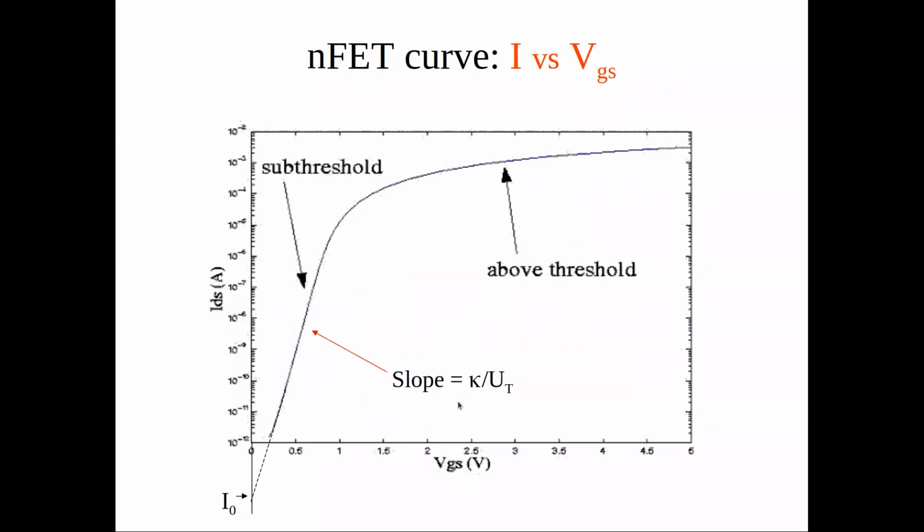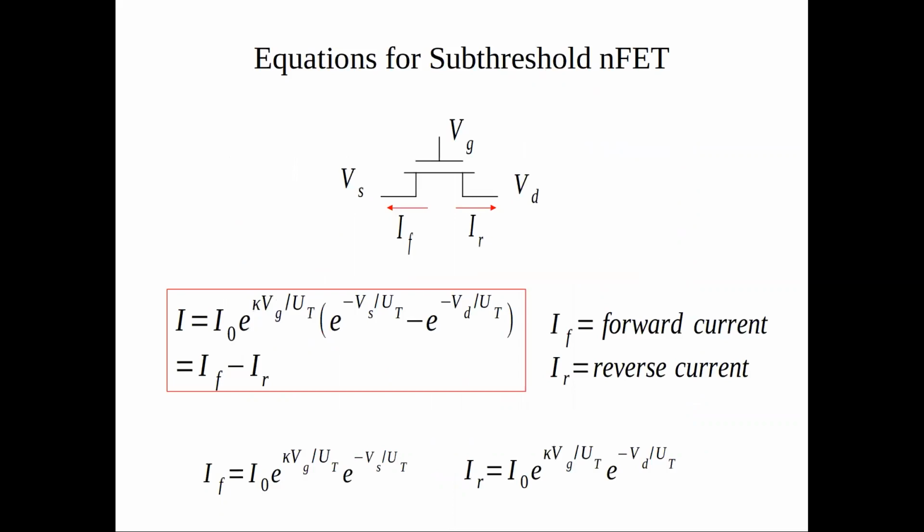So now the important equation to remember is this one. If we replace that relationship of surface potential and gate voltage with kappa, we can put it in the equation here.